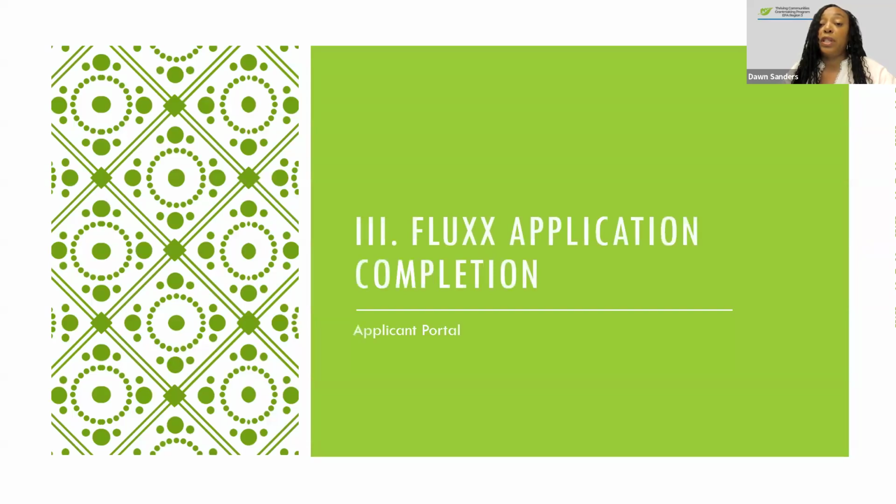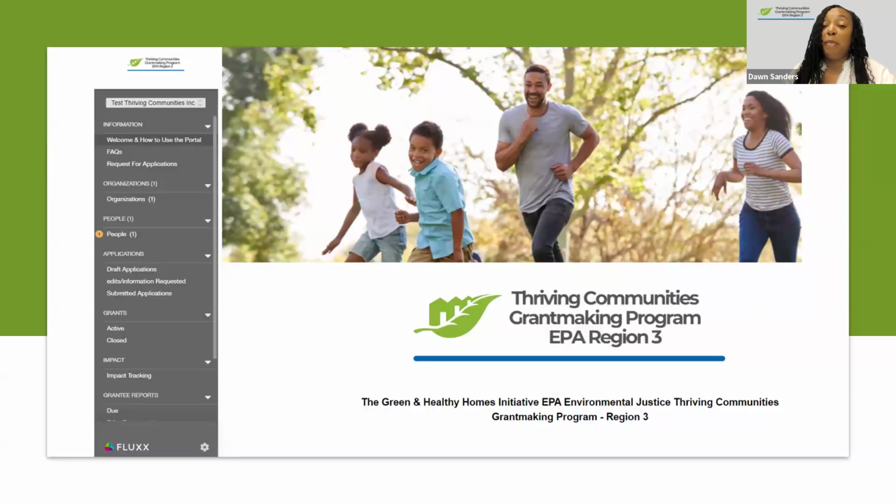For application completion, you will visit our homepage at the Thriving Communities Grant Making Program. You will now be in our dashboard after completing your submission process for your user ID and password. And this is going to be the dashboard that you will use throughout the grant making process.